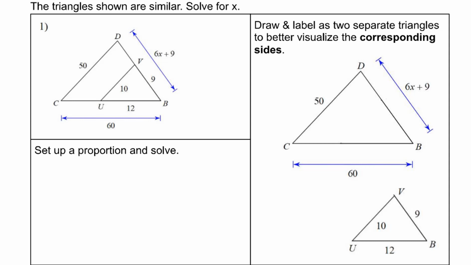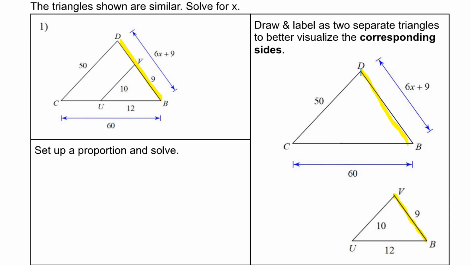Sometimes it's difficult to know which side corresponds with which side. So I suggest that you draw and label as 2 separate triangles to better visualize the corresponding sides. We have the side DB that corresponds with the side VB because they were shared in the original diagram.